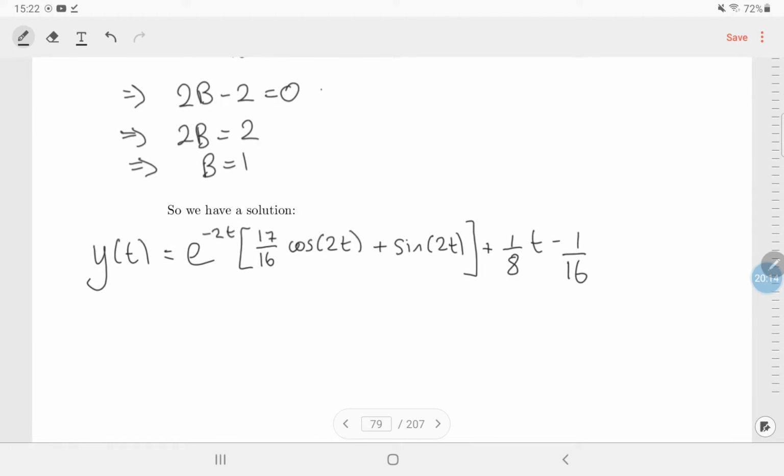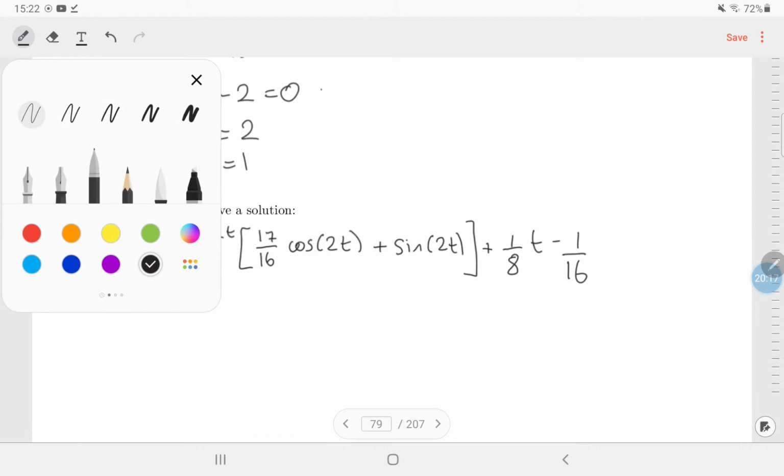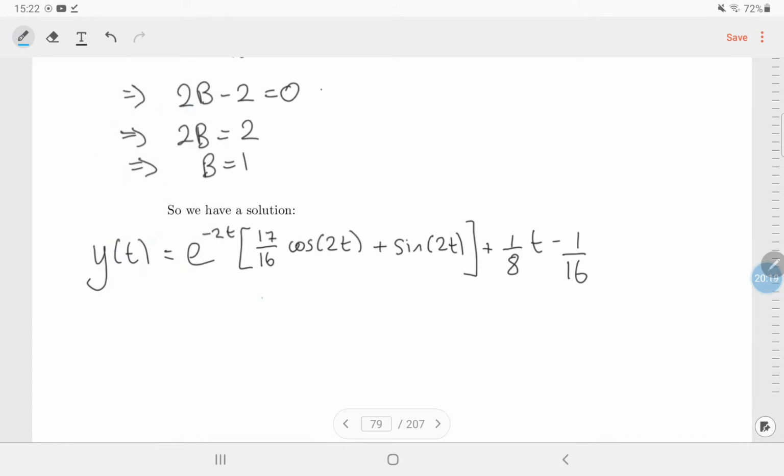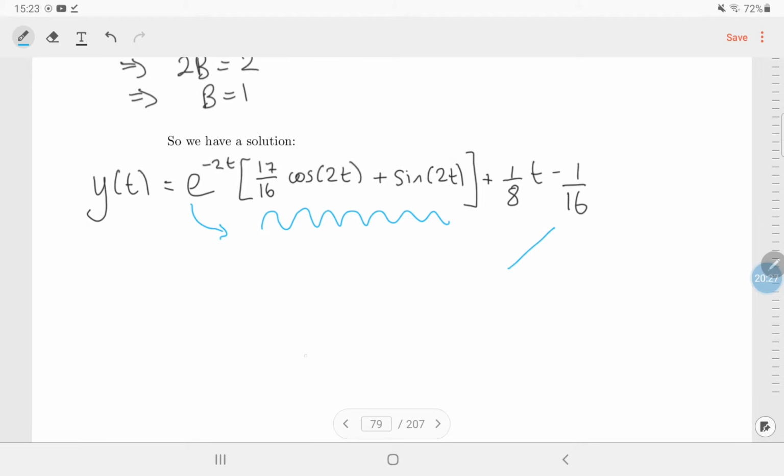And so we can analyze what's going on here. This part is a wave. This thing goes to 0, it's a negative exponential, and this bit is just a line. So as time gets big, you're just going to have a line. So y at large time is just going to be pretty much a line.